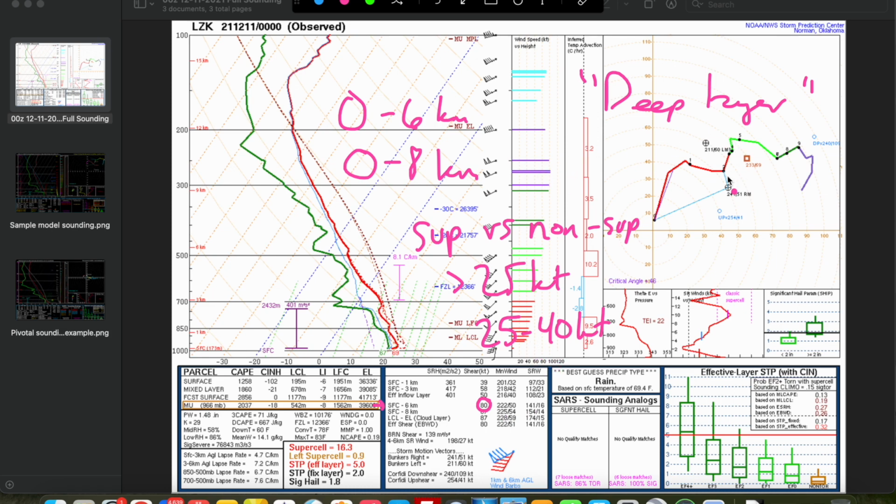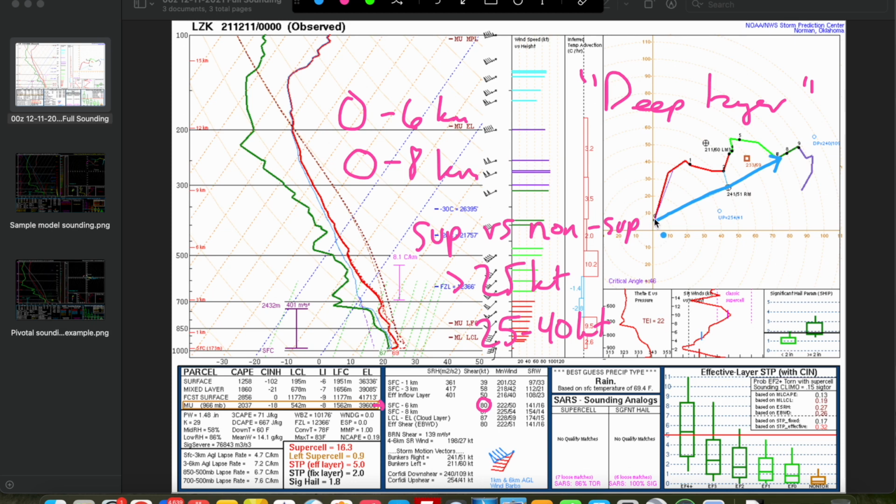That's extremely high. And again, this is easy to figure out from the hodograph itself. All we're doing is drawing a vector from the bottom of our layer to the top of the layer. So in this case, it'd be the 0 to 6 kilometer layer. So we're basically drawing a vector from the surface up to 6 kilometers. And you can calculate that. You see 80 knots here.